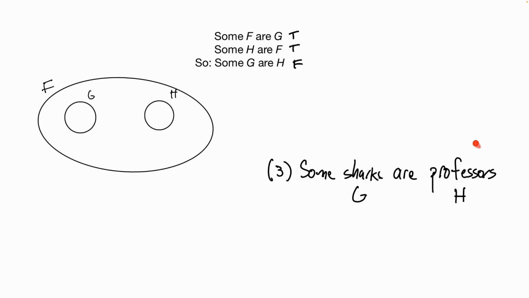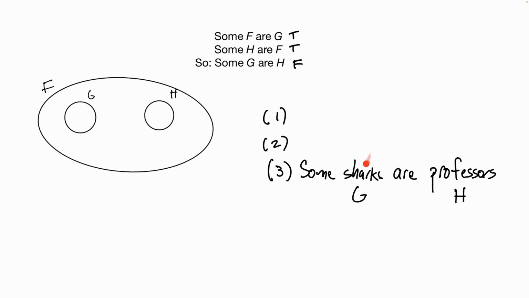And now I need to create premises of these forms that are both true. And if I follow the guidance of this picture over here, I can make the category F some really big, huge category that both sharks and professors belong to.